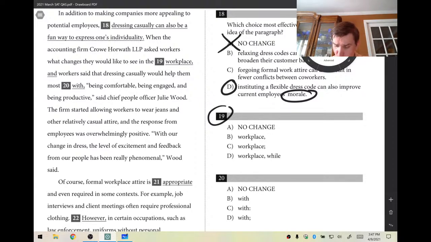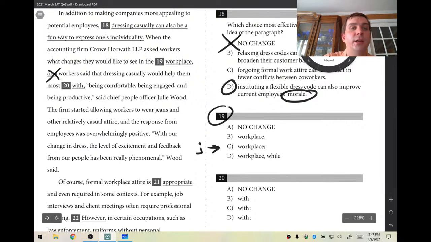A comma and while? What's going on here? Well, let's start with the semicolons, since we know the rule for semicolons. We know that semicolons can only join two independent clauses, two things that could be sentences. So I'm looking at just answer choice C initially. So if I put a semicolon here, would this work?